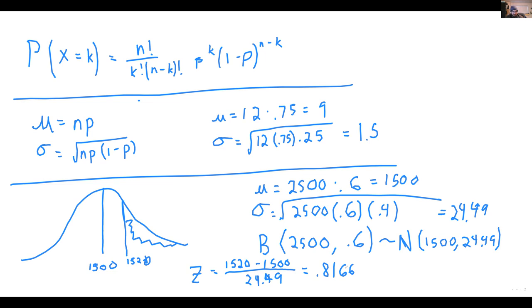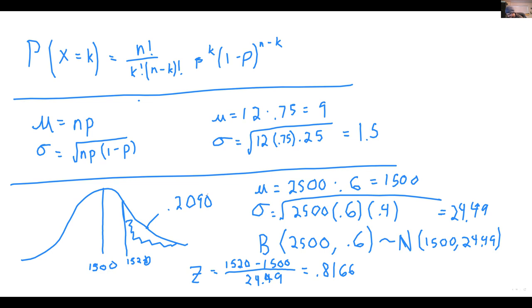So I'm going to look up 0.82 in my table. And I get 0.7910. That is on the left side. So I do 1 minus, and I get this probability of 0.2090.